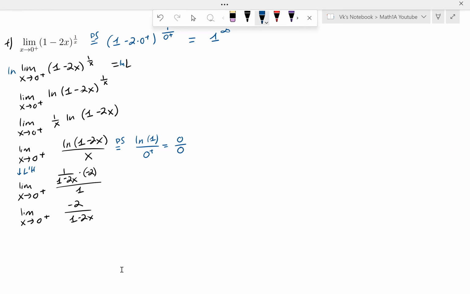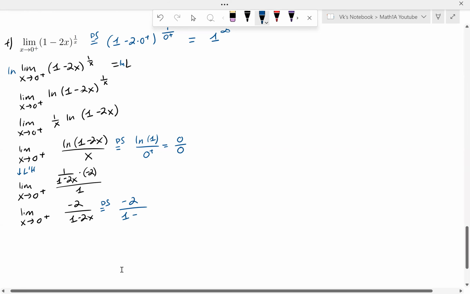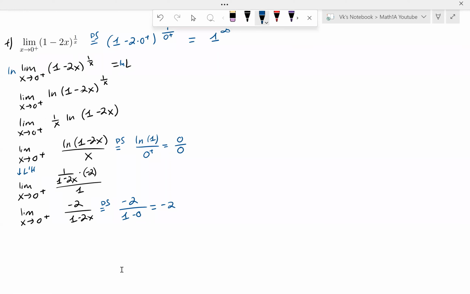And now we can do a direct sub. Negative 2 over 1 minus 0, which is negative 2. However, what we have done here is found the limit on the left side of the equation.